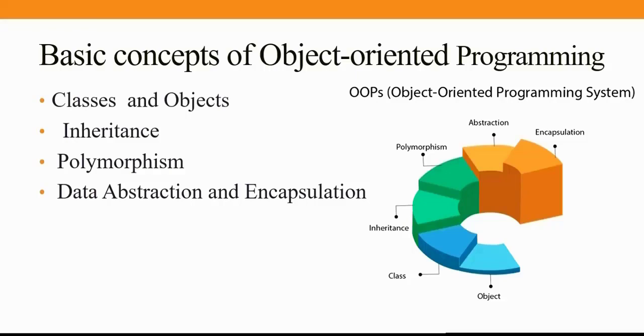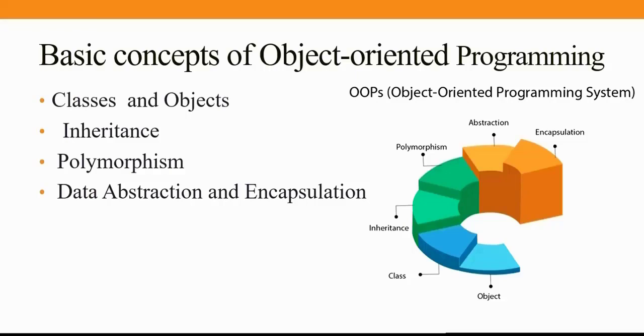So classes and objects is the first part of object oriented concepts. The second one is inheritance, the third one is polymorphism, and the fourth one is data abstraction and encapsulation. So these four are the core concepts of object oriented programming: classes and objects, inheritance, polymorphism, data abstraction and encapsulation.